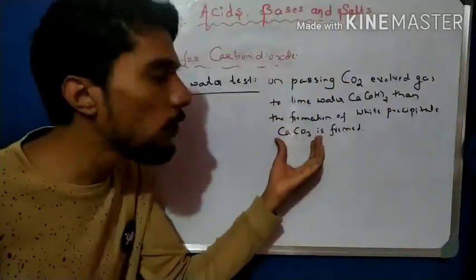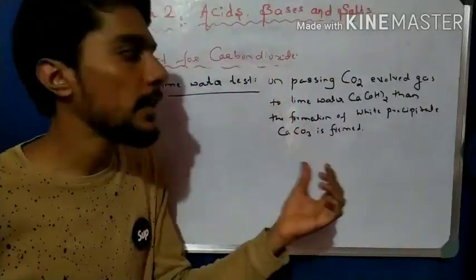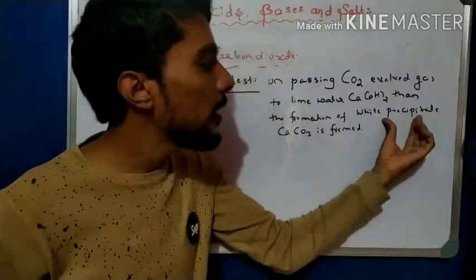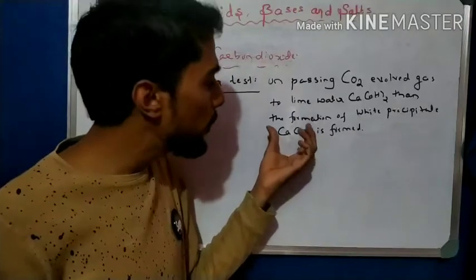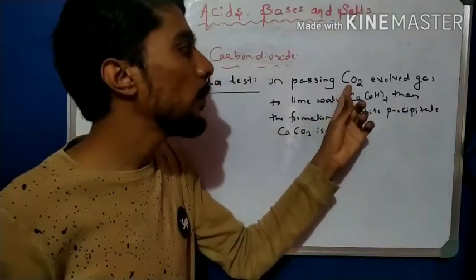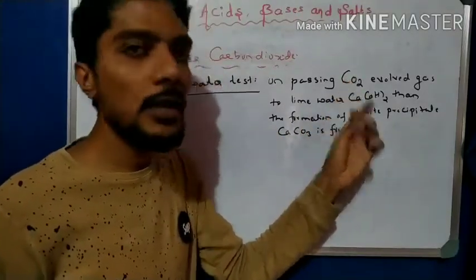If it is not formed, the gas is not carbon dioxide. If a white precipitate is formed, the white precipitate is nothing but calcium carbonate, and that indicates the gas passed is carbon dioxide.